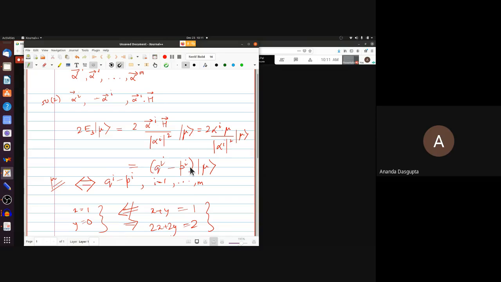My claim is that if you know the qi minus pi's, from that you know the mu. But why is that the case? What you are claiming is that if you tell me the qi minus pi's, you know the projection of the vector mu in the direction of each one of the alpha i's. Is that enough to reconstruct the mu's?